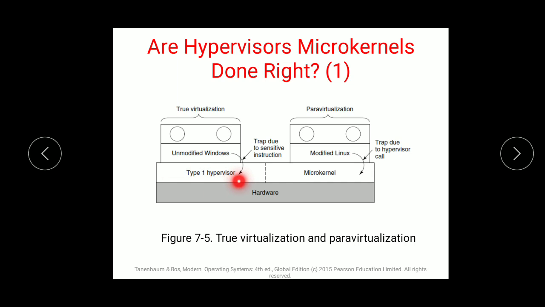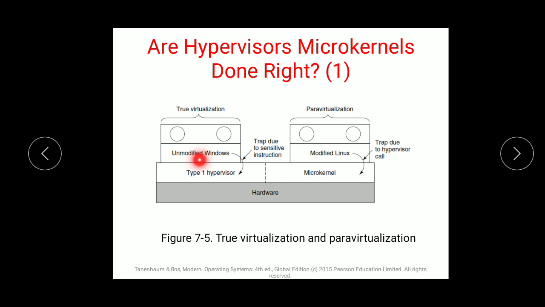On my type 1 hypervisor I am using the same hardware but with the method called true virtualization, whereas when I use a microkernel on the same hardware, I am using a modified Linux with para virtualization. So these are two different scenarios, two different methods, accessing the same resource.